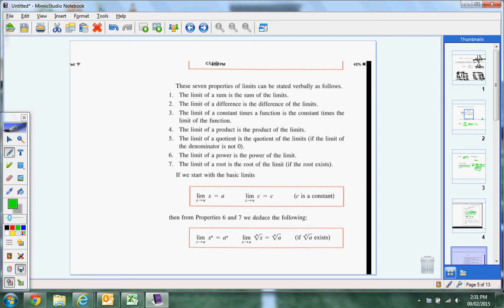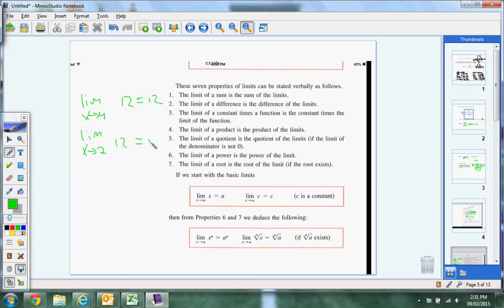These are the list of the rules, and then here, the limit as x goes to a of x equals a. So this is saying that if you're taking a limit of a constant, it's just the constant. So here's an example. Limit as x approaches 4 of 12, limit as x approaches 7 of 12, it doesn't matter.